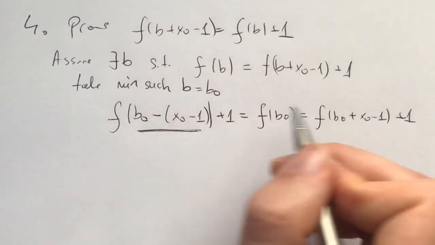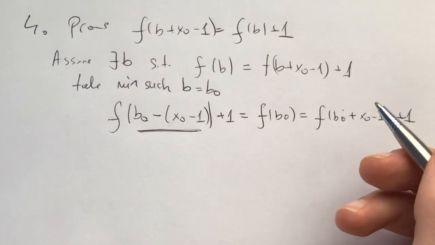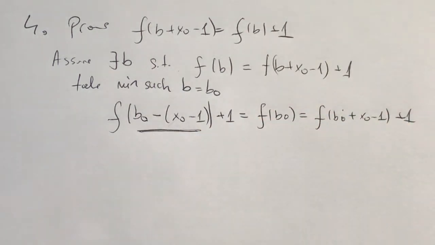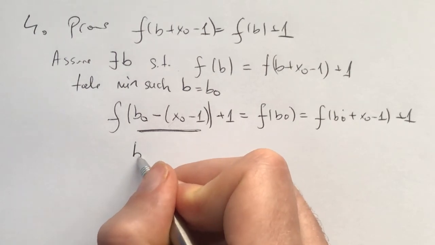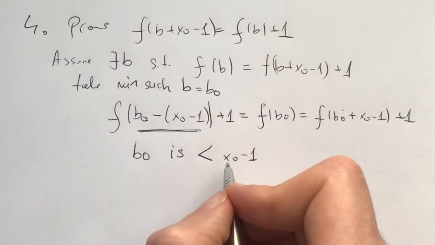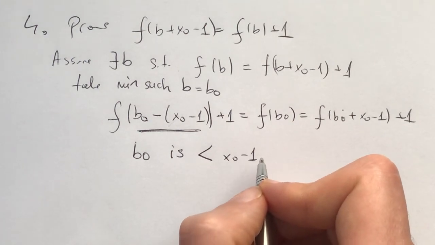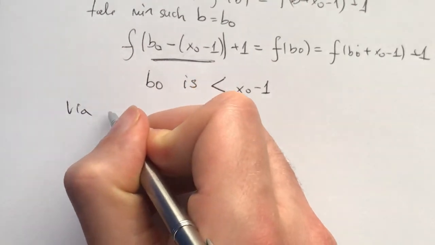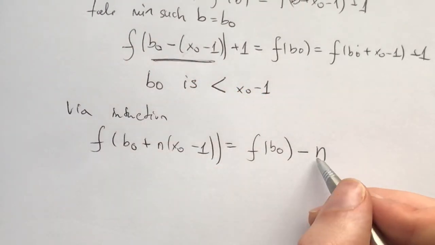Because this will give us a contradiction, i.e. it would give us that x0 is actually equal to 1, this implies that b0 is less than x0 minus 1. And now what we do from here is, via induction, we have this holds.